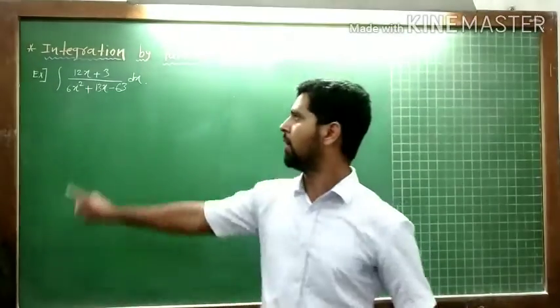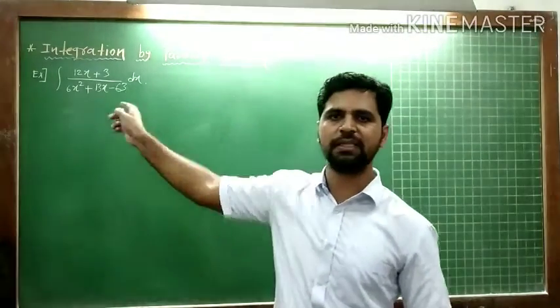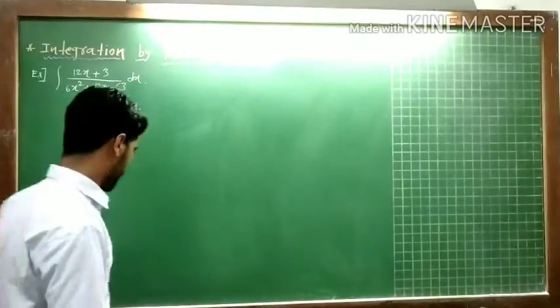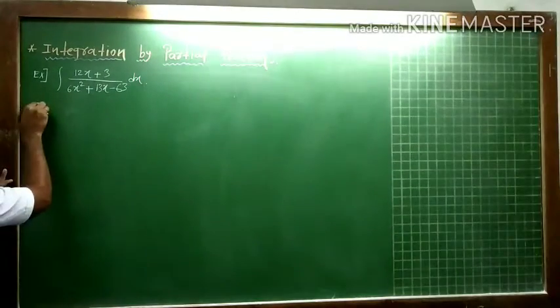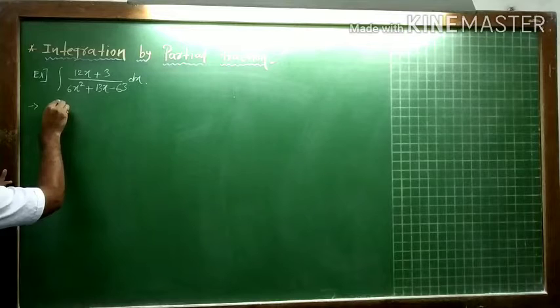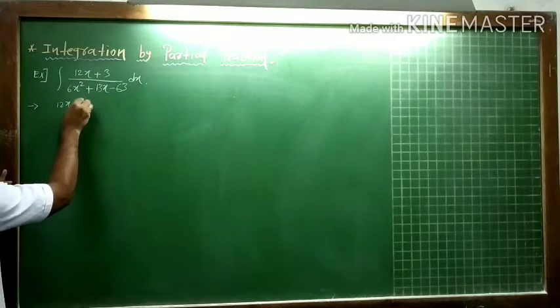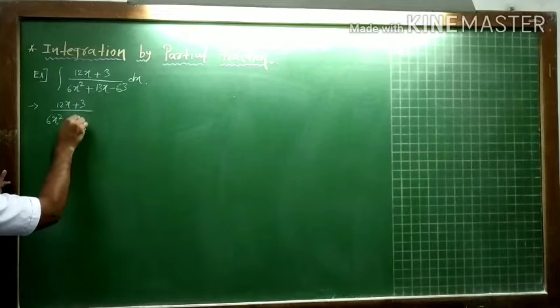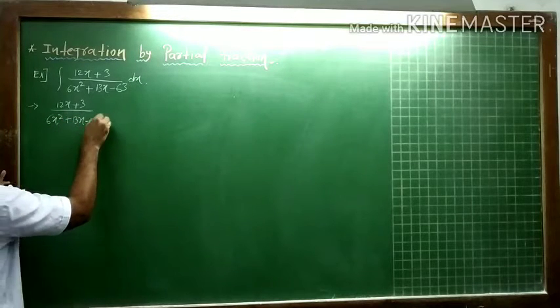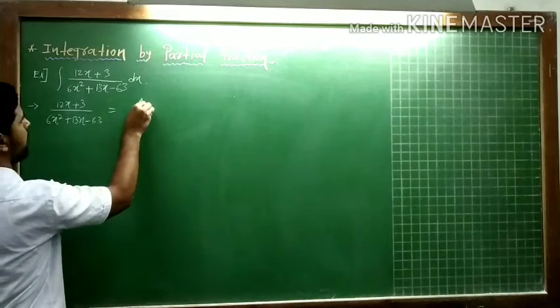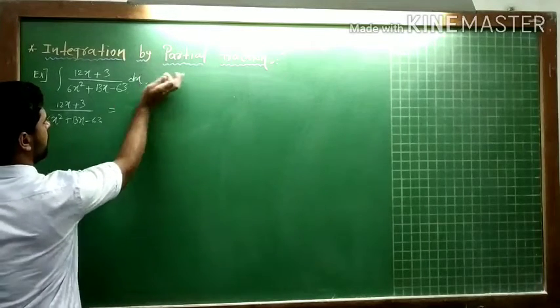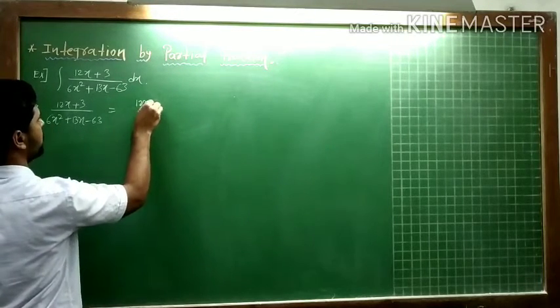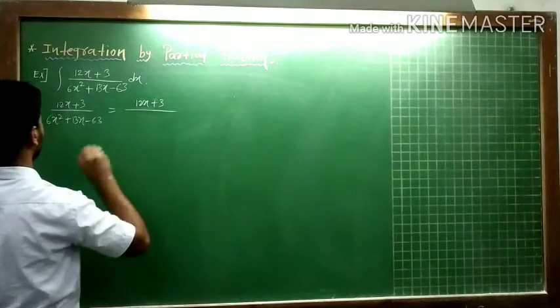But before that, we have to factor out the quadratic equation in the denominator. So let's see how we can factor this. We can write (12x + 3) divided by (6x² + 13x − 63) first in factor form, then in fractional form.